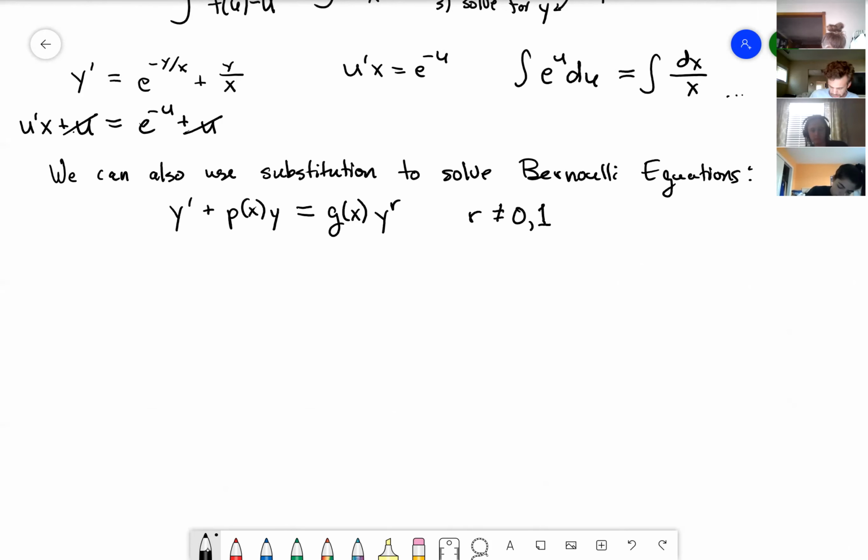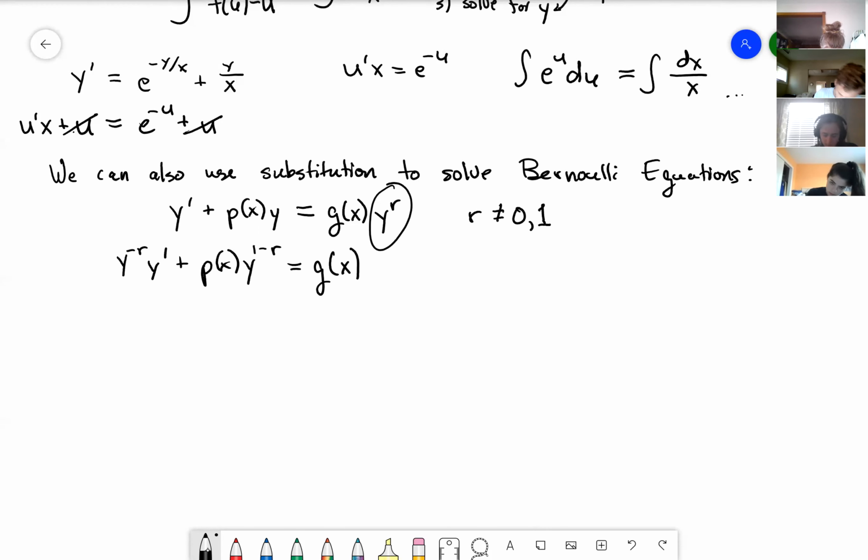So this time we need to make a fairly clever choice for our substitution. If we divide it through by this y to the r, then what we would get is y to the minus r y prime plus p of x y to the 1 minus r equals q of x.